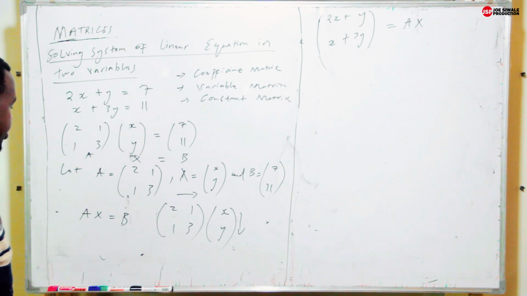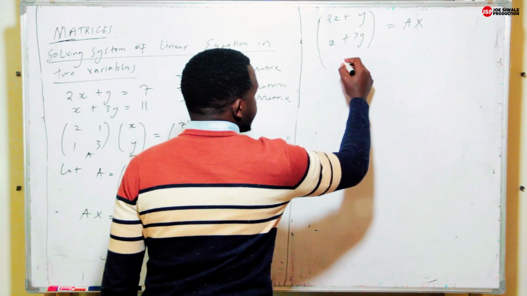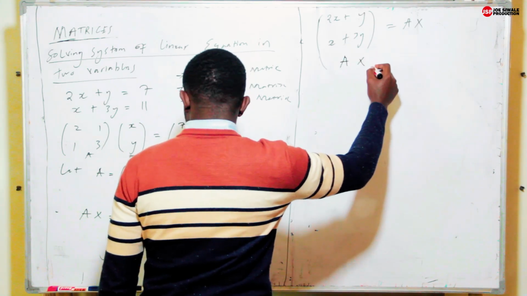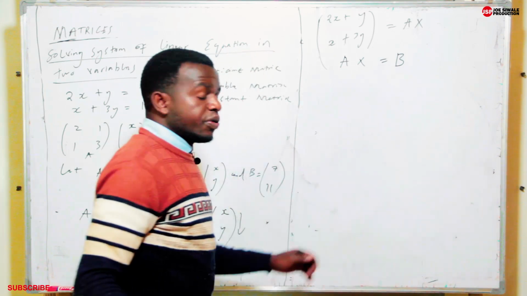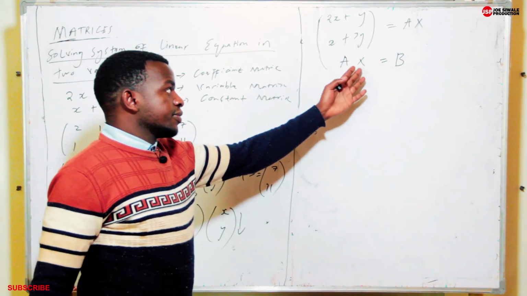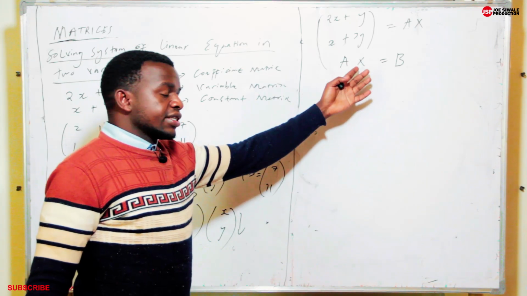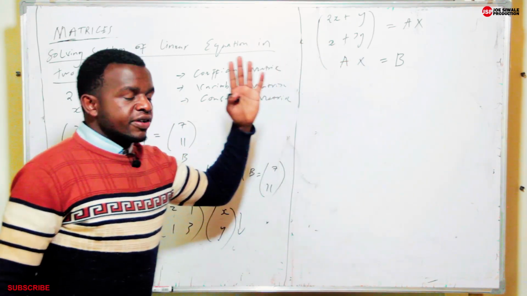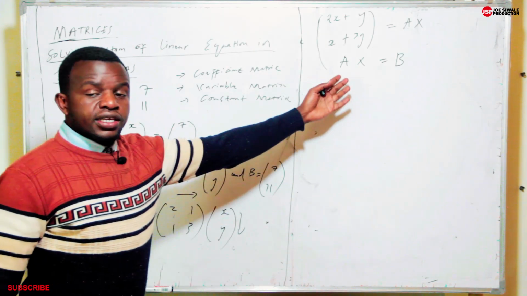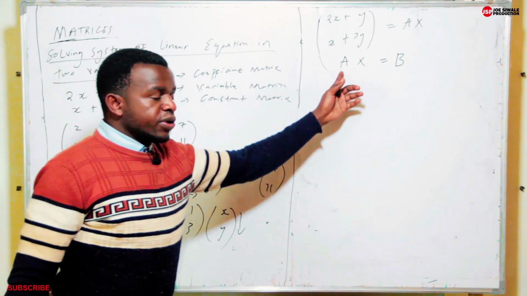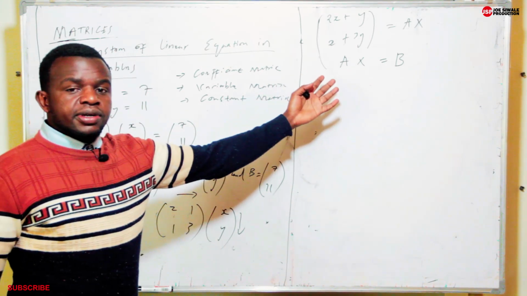So for us to break this down, we know that we have our equation, which is AX is equal to B, and we want to calculate the value x, or the variables which are in x, and we have two variables, x and y. So for us to do this, that means that we have to cancel out this matrix A. And how can we cancel out this matrix A?